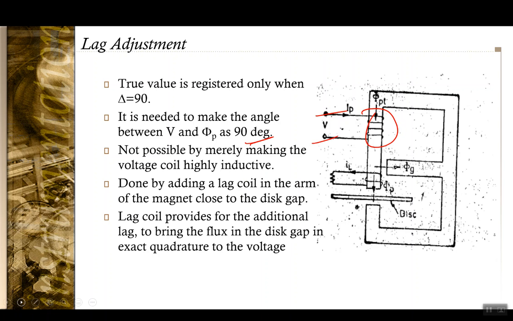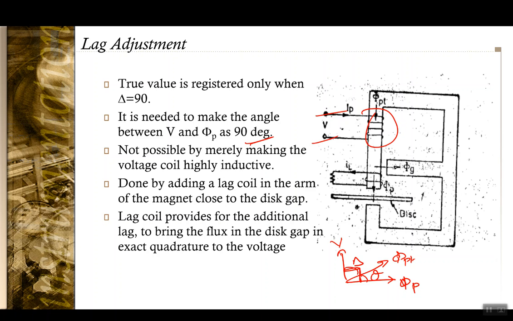For this case, an additional lag coil is added in that arm of the magnet close to the disc gap, and this lag coil will produce an additional lag that will bridge this gap. So if you have this delta, this is V and this is phi pt here. A further lag of theta is added, so that these two are at a gap of 90 degrees.